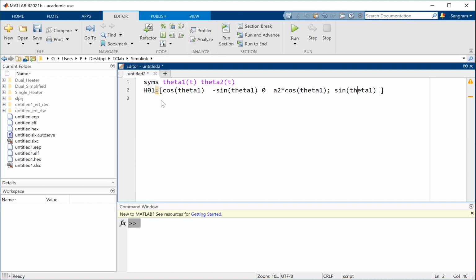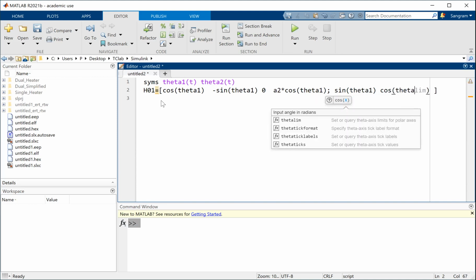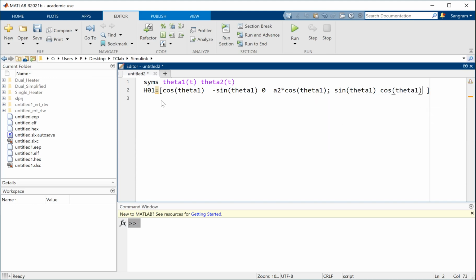Yeah, okay, good. Sine theta 1, cosine theta 1. Now you know how difficult it is for a coding interview, right? Somebody is watching while you are coding. Get used to it.